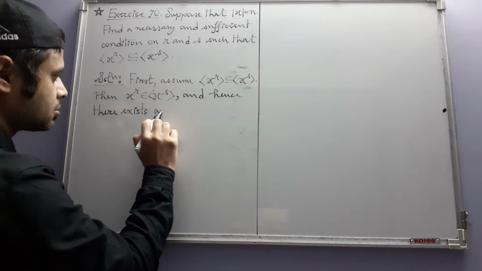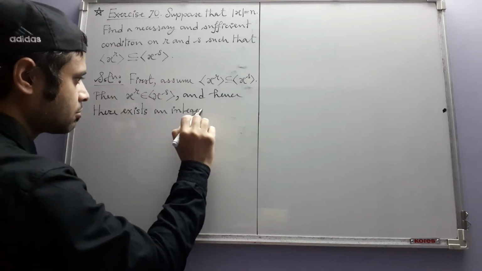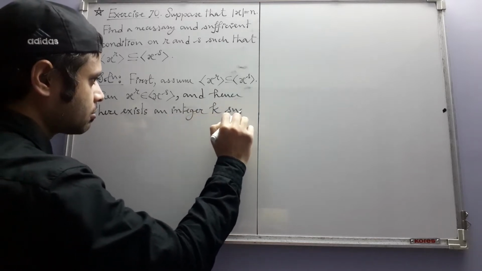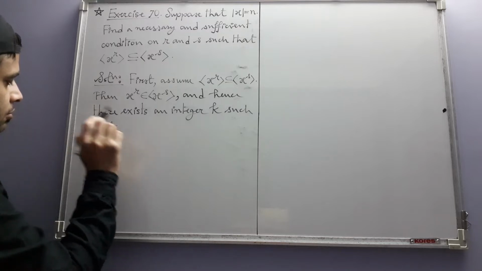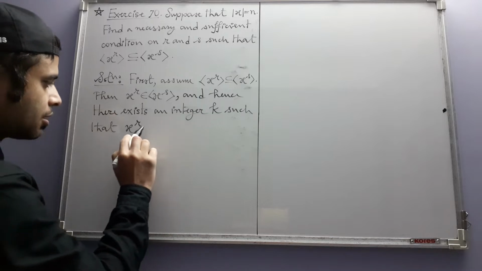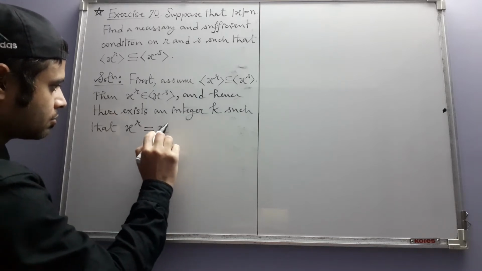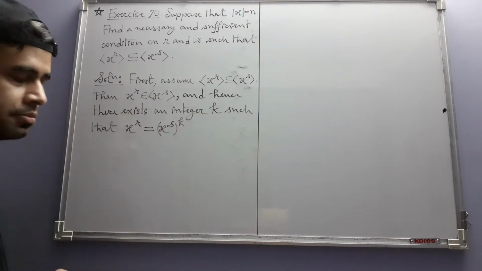There exists an integer k such that x to the power r is equal to this.